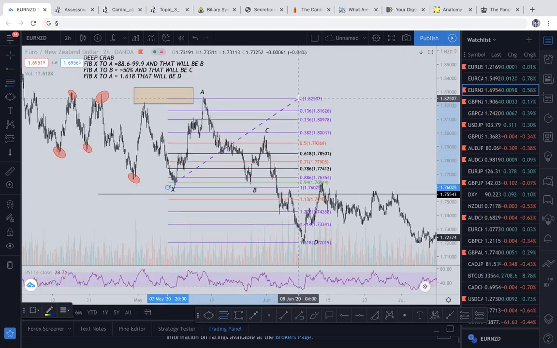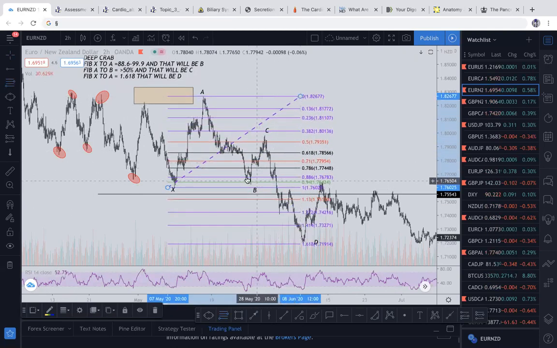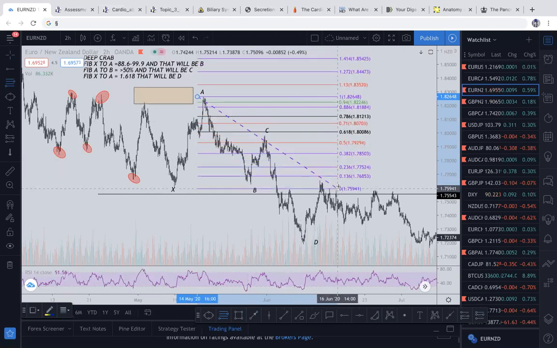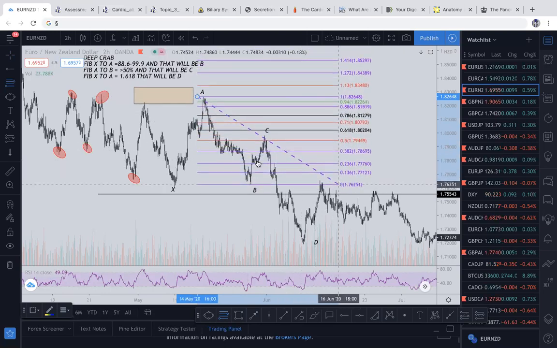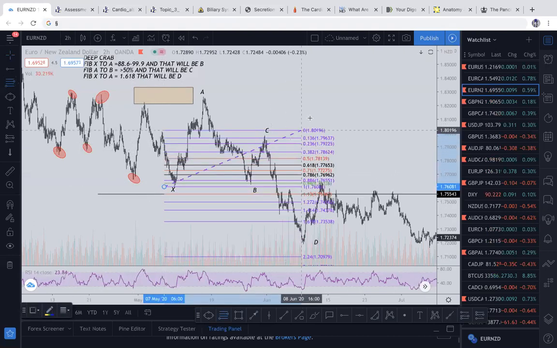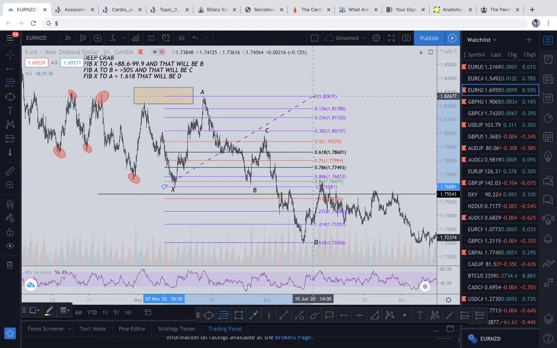X to A, 88.6, but less than 100%, so we can confirm B. A to B, 50% and above. Of course, we do have 50%, so we can confirm C. Now the last thing is X to A. And look at that, 61.8, spot on.